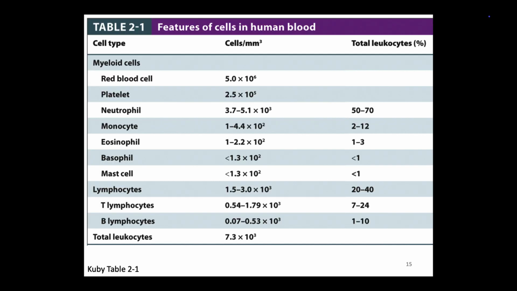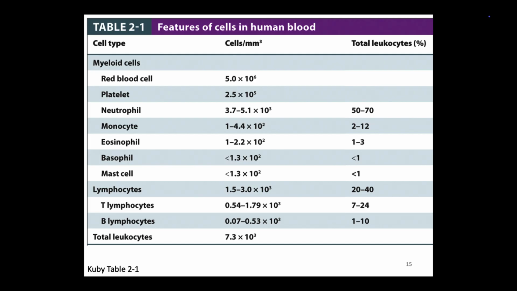This is, again, if we're looking at blood, in a milliliter. I want you to think for a second about a milliliter of blood. In a milliliter of blood, you have 5 times 10 to the 6, that's 5 million red blood cells. You have some number of platelets. I think about platelets so rarely, I don't really think about it.